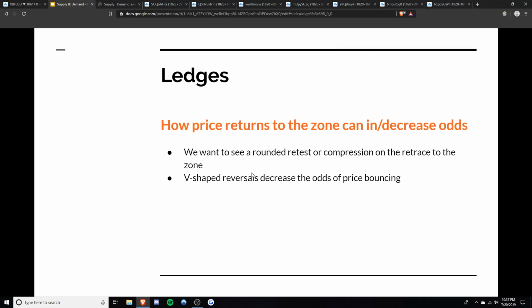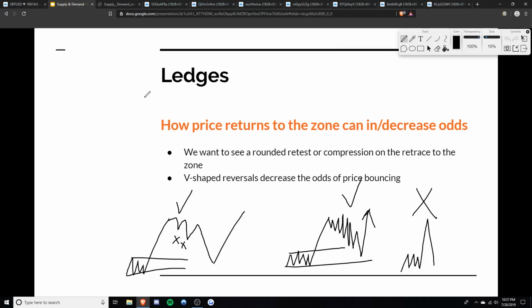But ledges is something I don't see people talking about very often. It's basically when a new supply demand zone forms. Let's go ahead and mark this out.